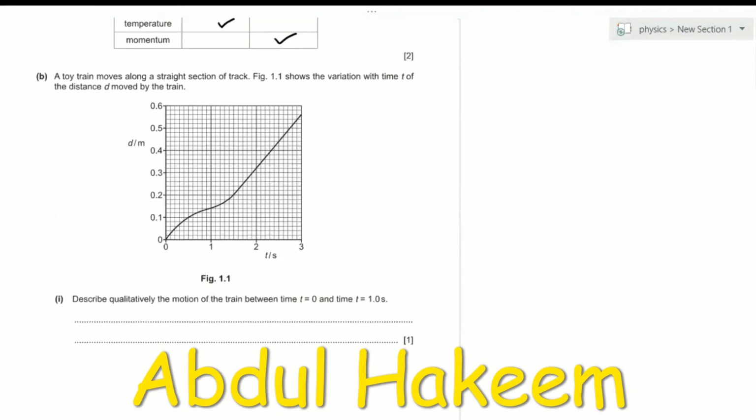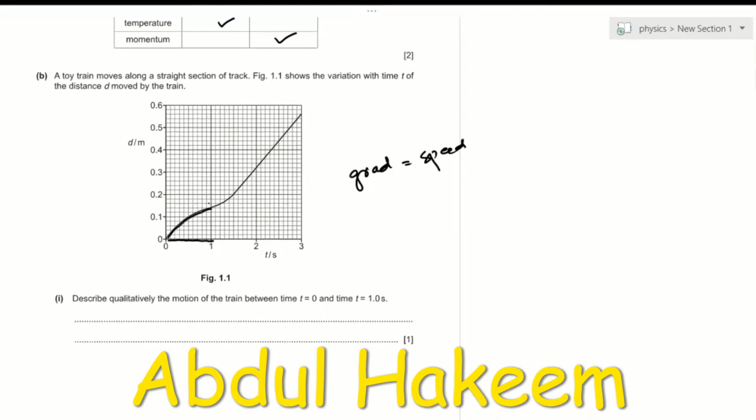Now the B part: a toy train moves along a straight section of the track. The figure shows the variation with time t of the distance moved by the train. Describe qualitatively the motion of the train between 0 and 1 second. Look, the gradient of this graph is equal to speed. So between 0 and 1, the gradient of the graph is decreasing.